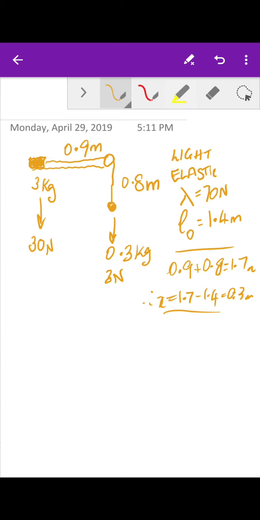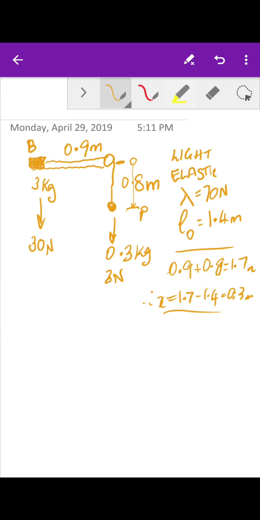Now the question is stating that the particle is released from the level of the pulley, and it drops. And by the time it's at this point P, at that moment, this block B is at the point of equilibrium, and so it is just about to move.